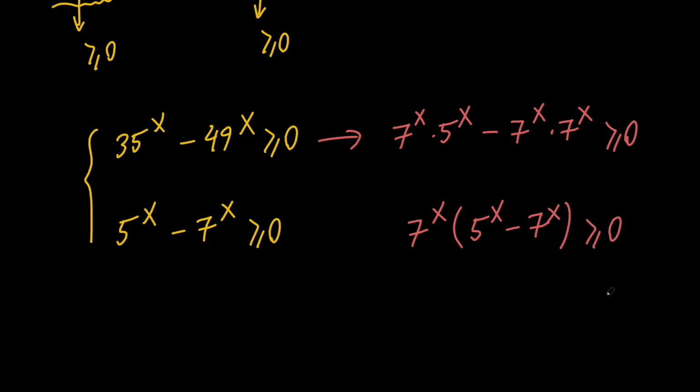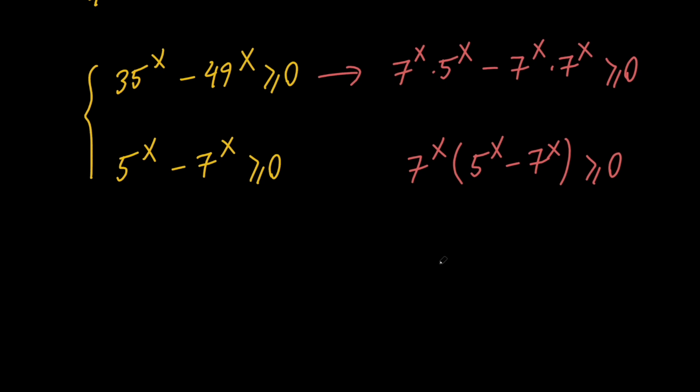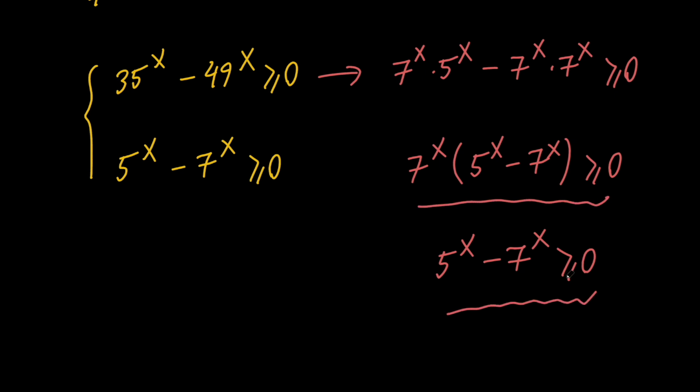And we want this expression to be non-negative, but notice that we know that 7 to the x is always positive. So if you want the whole thing to be non-negative, we just need to have 5 to the x minus 7 to the x non-negative.